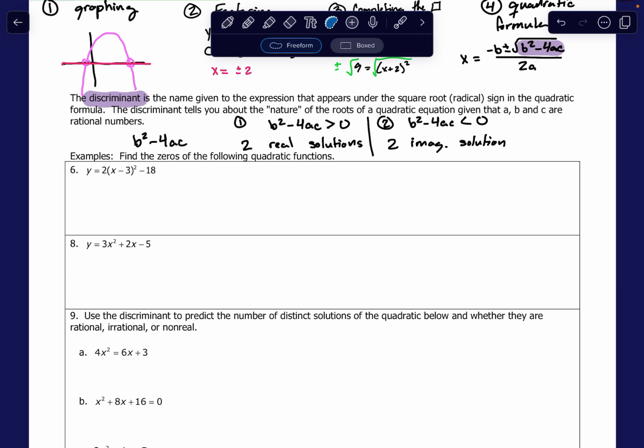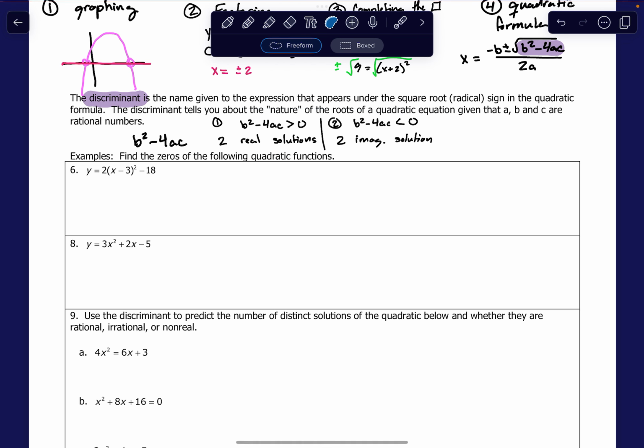Lastly, and I love it when this happens, if your discriminant, that I'm going to duplicate right here because I don't want to write it out another time, is equal to 0, that means your square root itself is equal to 0, meaning you're adding and taking away 0, which doesn't really have an impact on the value of your quadratic formula.